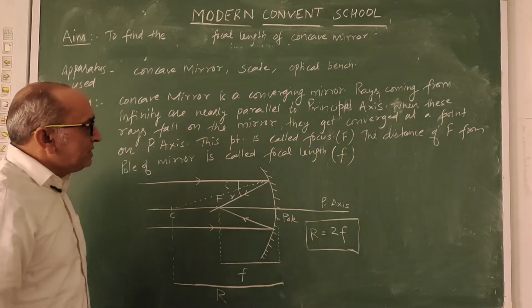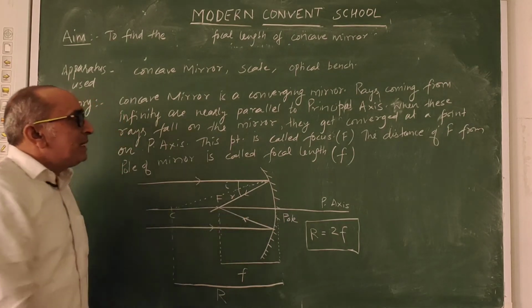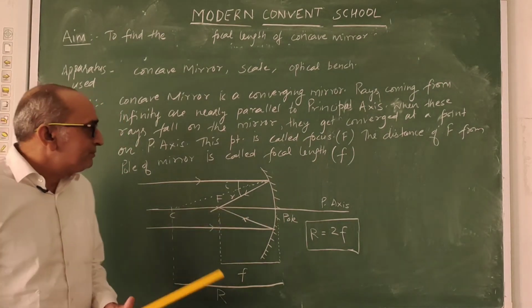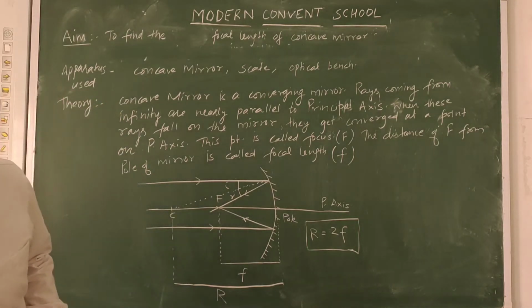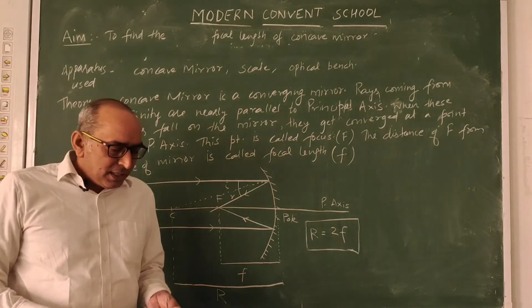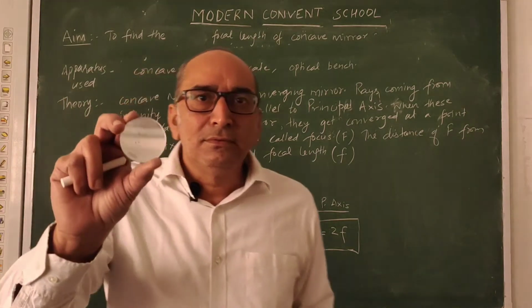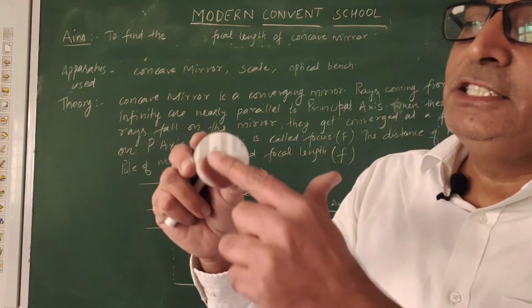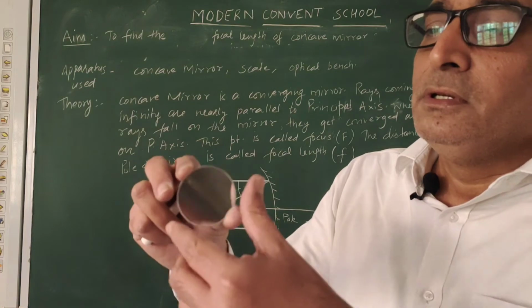Now we are going to measure the focal length by taking the inverted image from a concave mirror. Now I am showing you a concave and a convex mirror. This is the concave mirror. It is bulging in. It is pushed in.